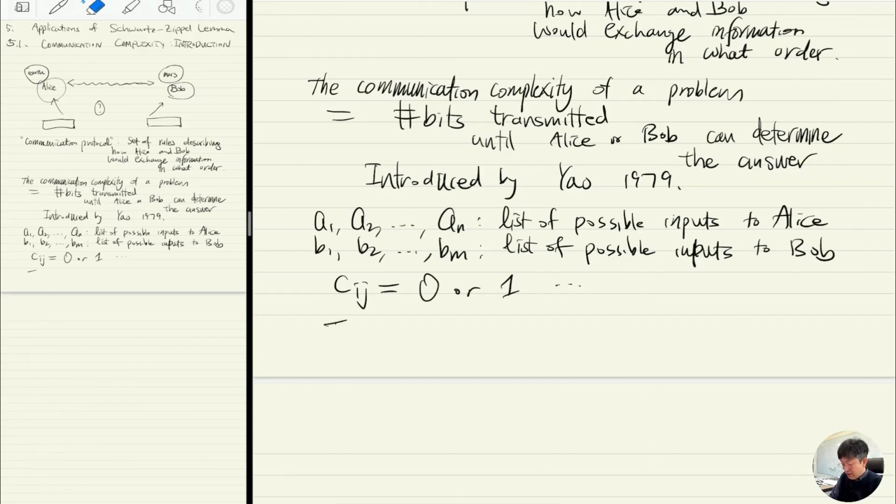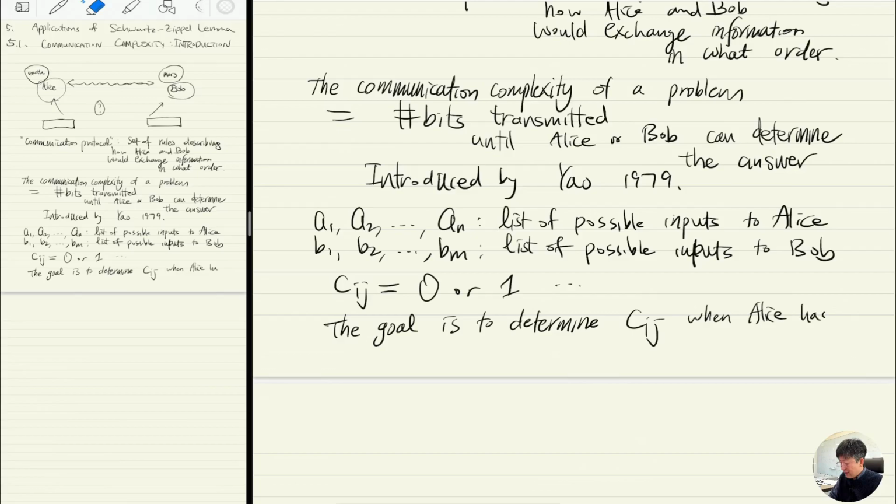The goal is to determine Cij when Alice has Ai and Bob has Bj.